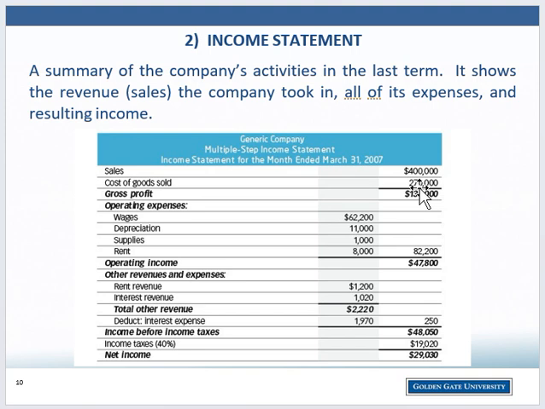So when you subtract from sales the cost of goods sold and all the operating expenses, and then subtract the income taxes, you come up with the net income. If it's positive, obviously that means the operation is profitable. If it's negative, that means expenses exceed revenues, and as a result, the company is in a loss.